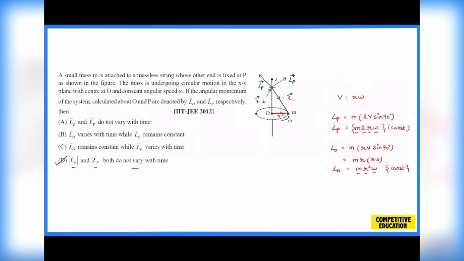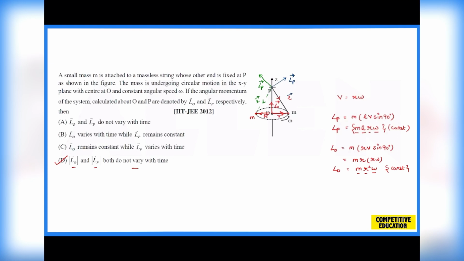Now let us check the direction of the L_O vector. This is the r vector and the velocity vector will be inside the plane of paper at this instant. So by using the right hand thumb rule, the direction of L_O vector will be like this. This will be the direction of the L_O vector. When this particle is over here at this point, the r vector will be like this and the velocity vector will be outside the plane of paper.